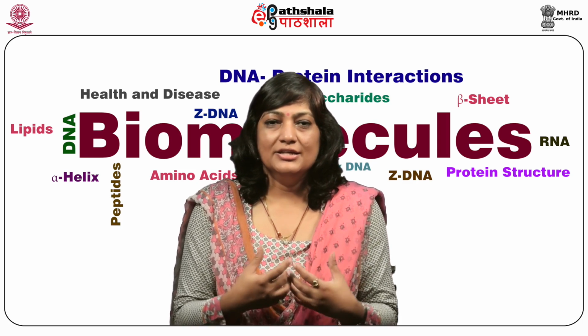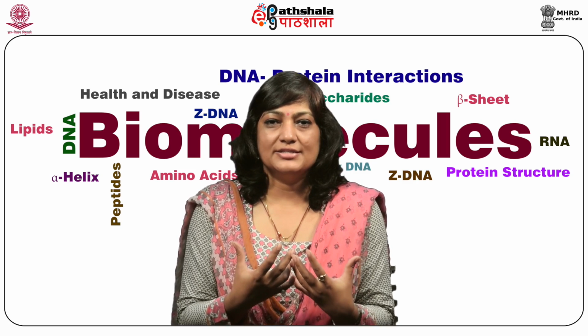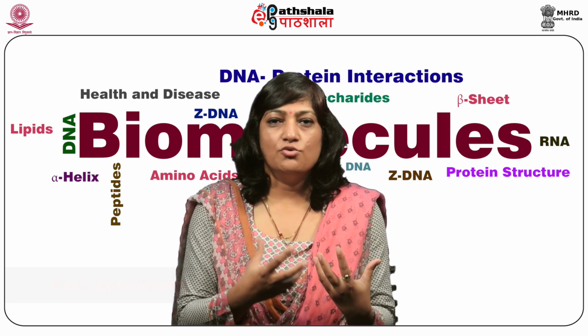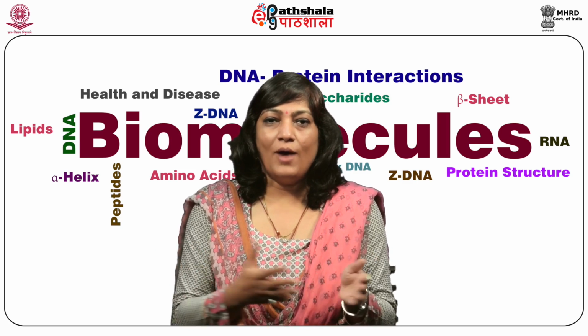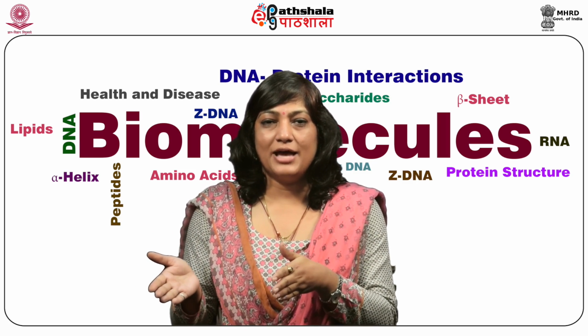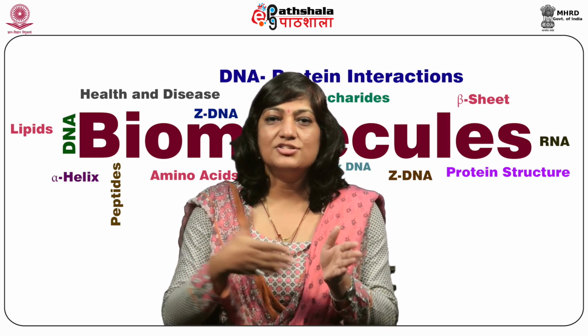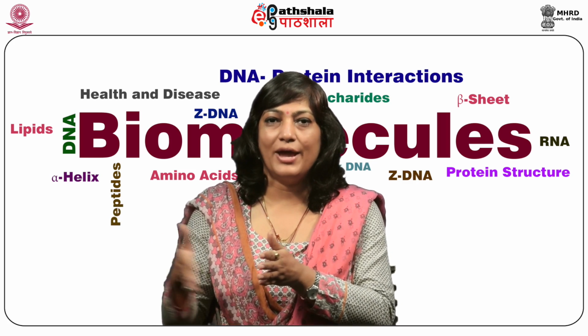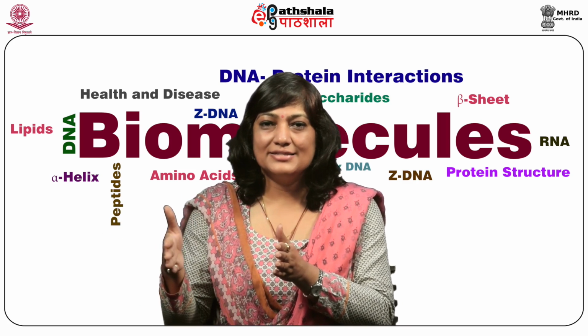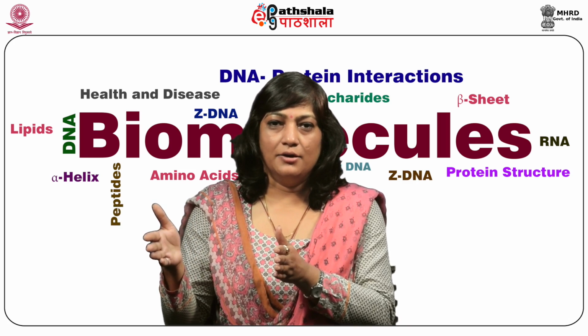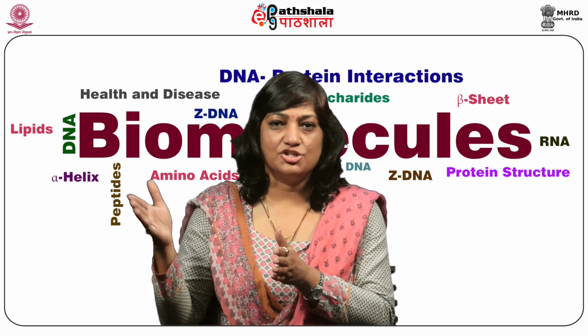So usually the gas liquid chromatography is coupled to a mass spectrometer. While the lipids are getting separated by gas liquid chromatography, they enter into the mass spectrometer where they are analyzed and identified by their unique fragmentation pattern.